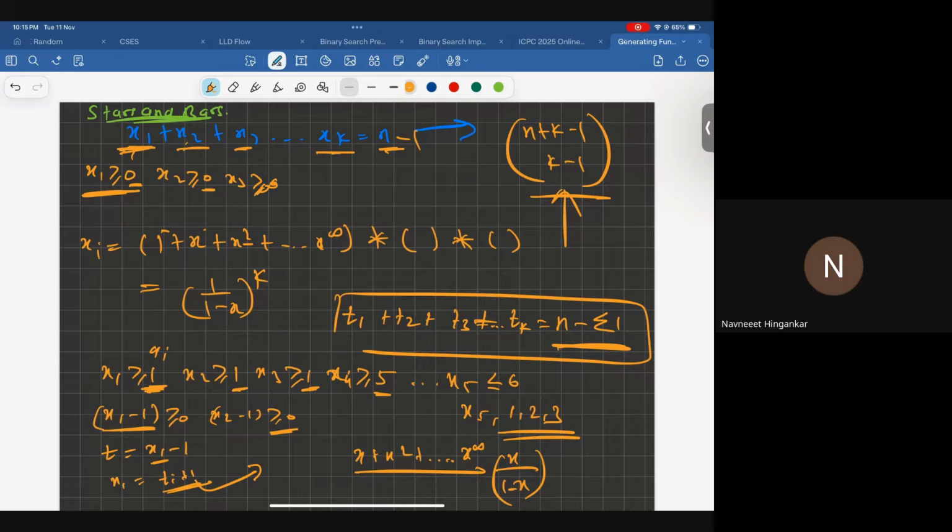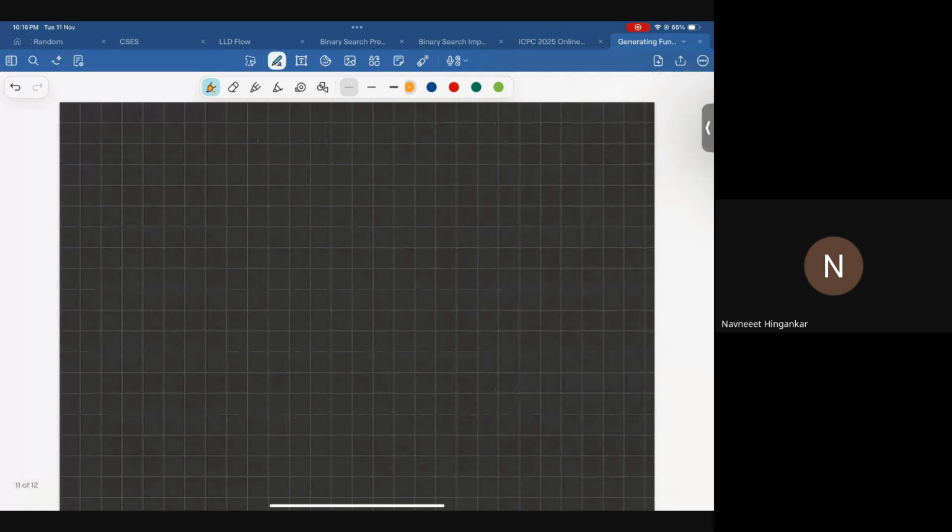x2 will be the same. So whatever the starting coefficient is, you just multiply by that, and the remaining term is the same, 1 upon 1 minus x. And you can just multiply. The beautiful part about this is, whenever there are infinite terms, all you need to do is combine those 1 minus x factors, and they always combine together.